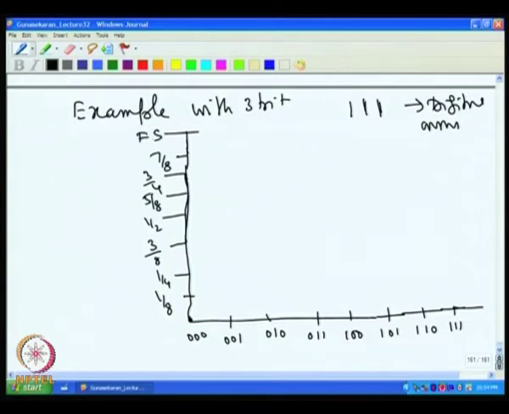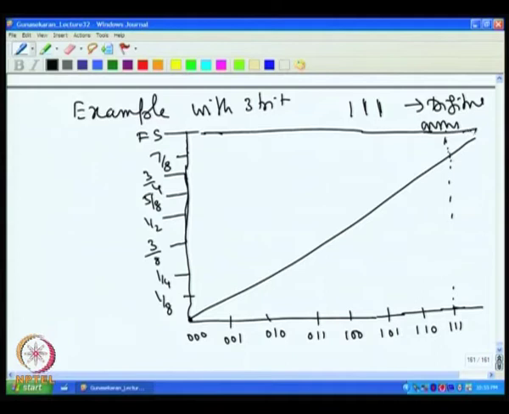If I plot the curve for the ideal case, if this is the full scale voltage, then for 7 by 8 it is at this point that it meets.